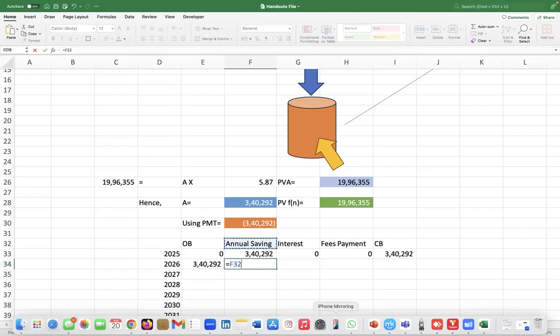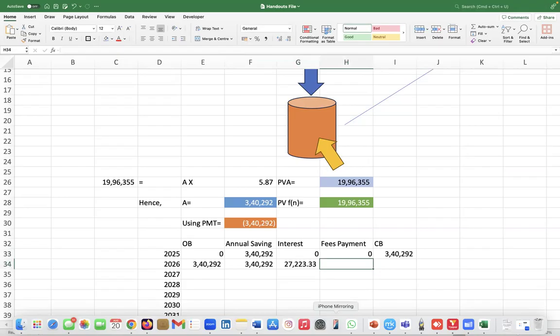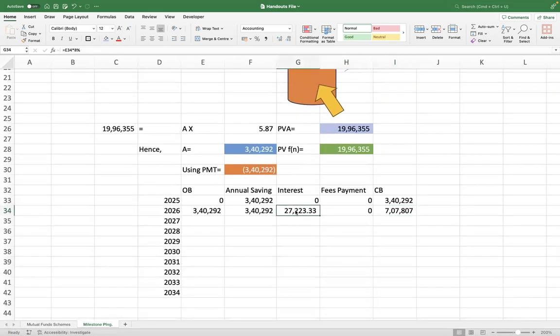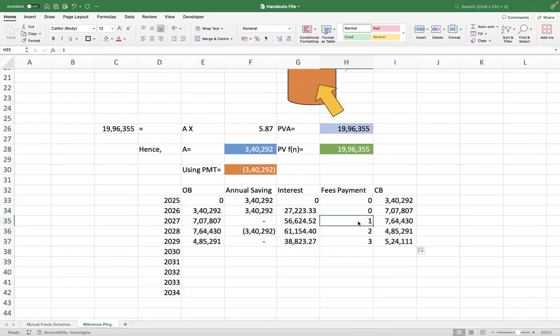Next year again I am depositing the same value, but this time I will get interest only on the opening balance because दूसरा वाला जो डिपॉजिट है वो तो साल के एंड में हुआ है, उस पर तो इंटरेस्ट नहीं आएगा, लेकिन ओपनिंग वाले में आएगा. Again no fee payment. Okay, this way I keep continuing till 2029 and see what value I get.